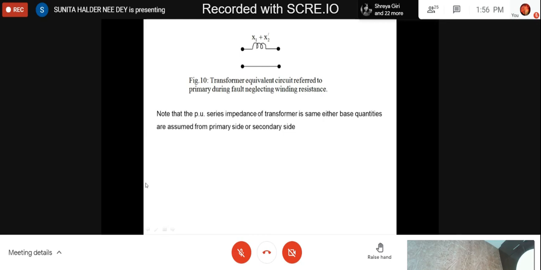If we want to calculate the exact fault current, then we should consider the resistance also. Understood? Any doubt? No, ma'am.